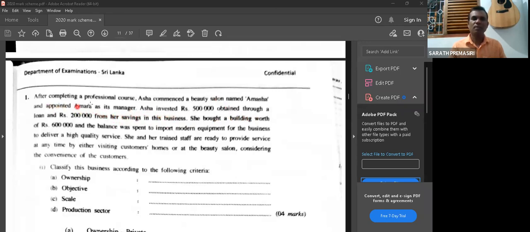Then the other strength: she uses modern equipment for her business activities. And then high quality, she gives high quality services. That is a strength. Another one is her staff is trained staff. It is also a strength.